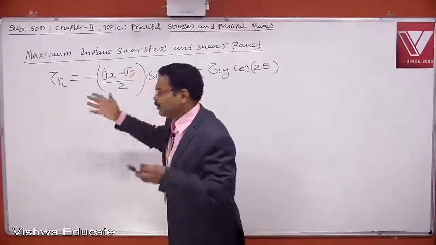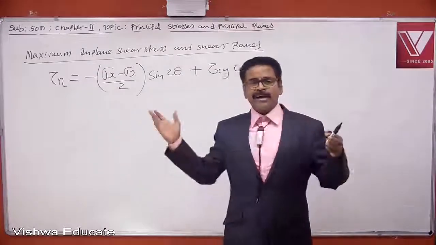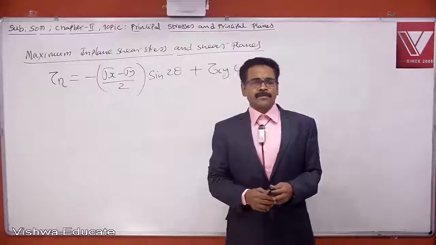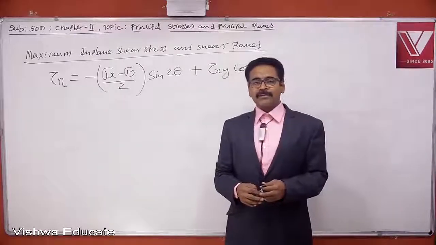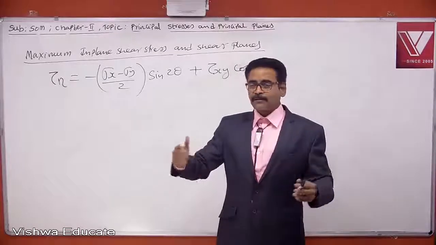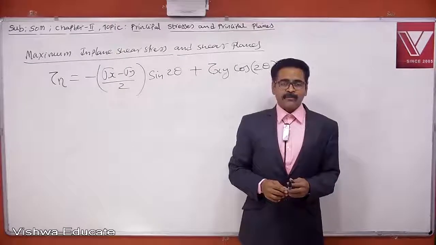What is the maximum value of tau n? To find a maximum or minimum value, we have to differentiate the function and equate it to 0. From that you will get one condition. On putting that condition in the original expression, you will find maximum and minimum values.